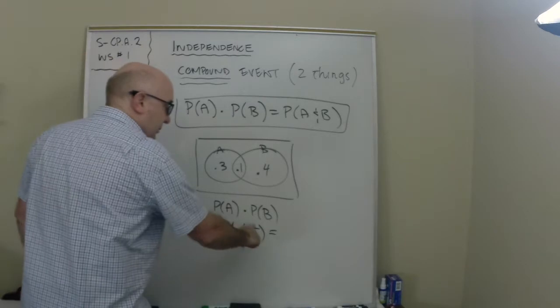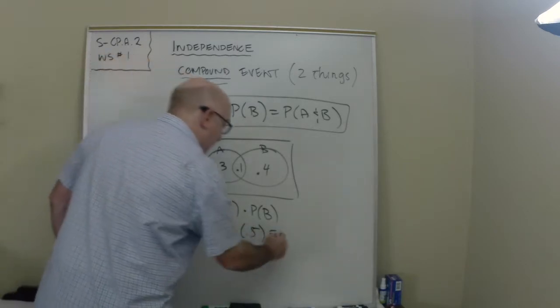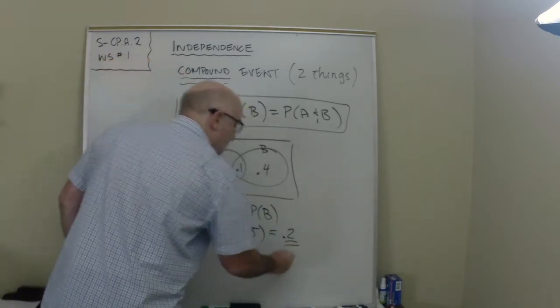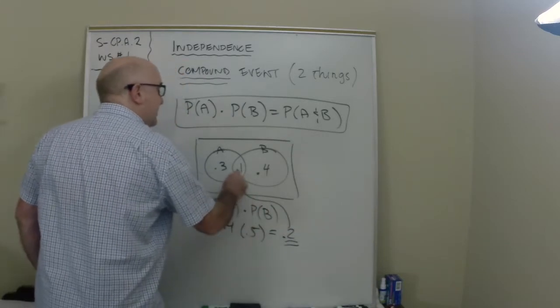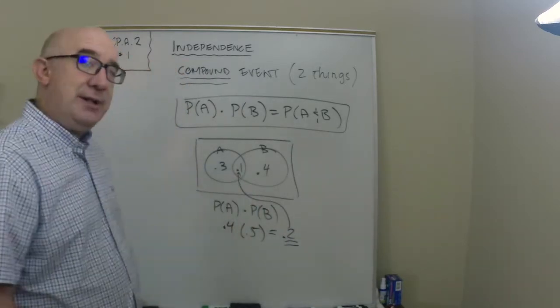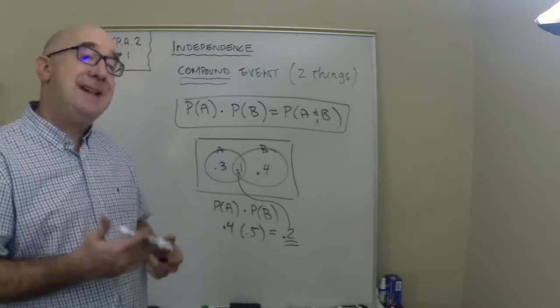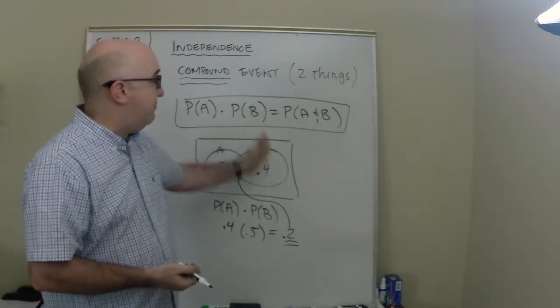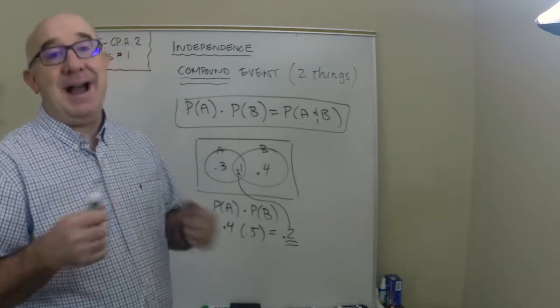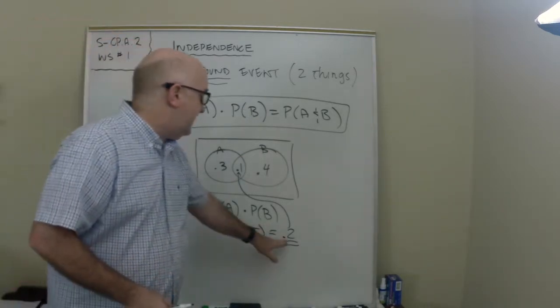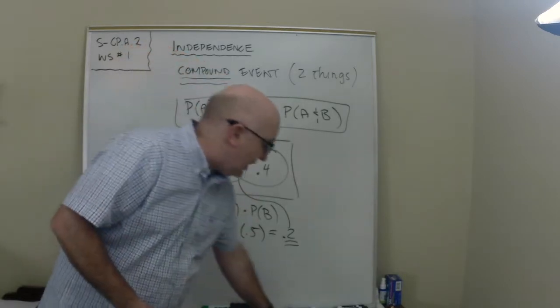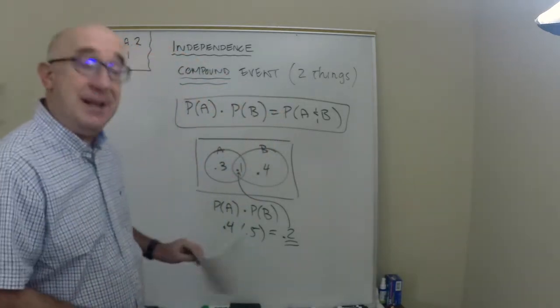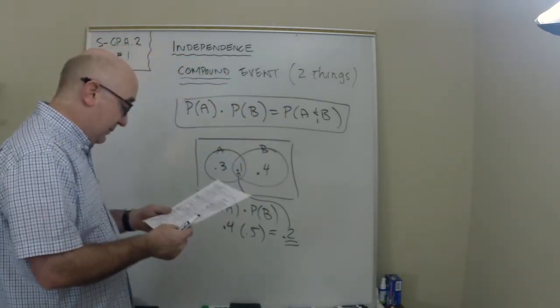Now, when I multiply 0.4 times 0.5, I get 0.2. That number does not match the actual intersection. So this is an example of not independent relationships. Whatever A and B are, they impact each other. Had this number produced this value right here, then we would have said that they are, in fact, independent.